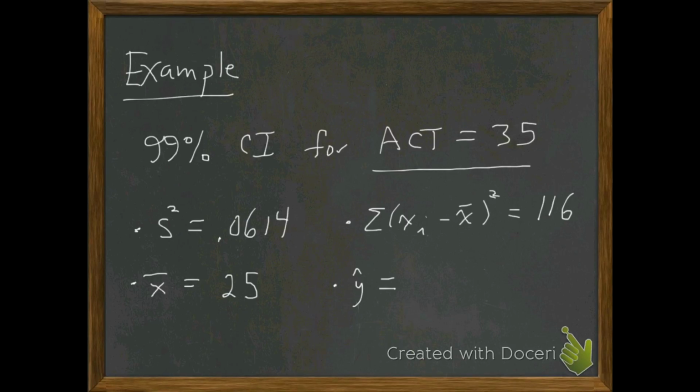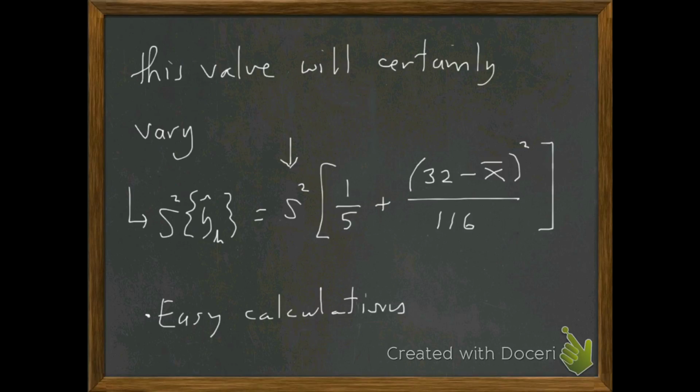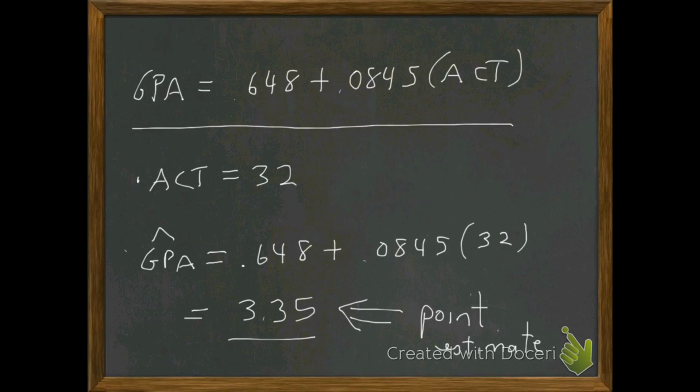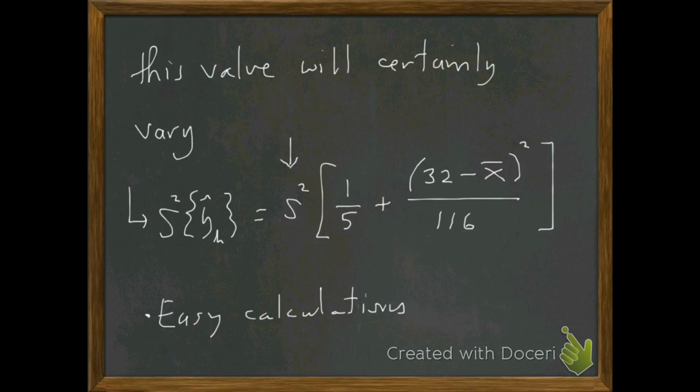Putting 35 into our model, we get 0.648 plus 0.0845 times 35. So we get 3.61.